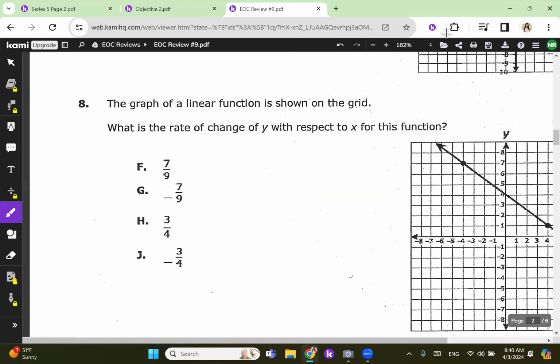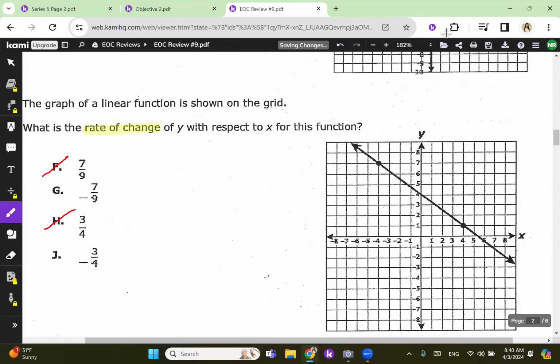Next one. The reason you know you're finding slope is because of what word, what phrase? Rate of change. Now, the line is going down, so what are the 2 answers that you're going to get rid of first? F and H, because those are your positives. Now we do rise over run. For this one, we're going to go down and to the right.